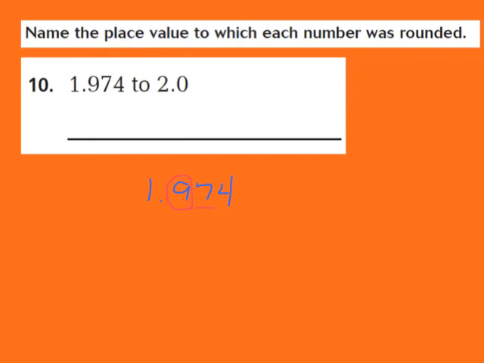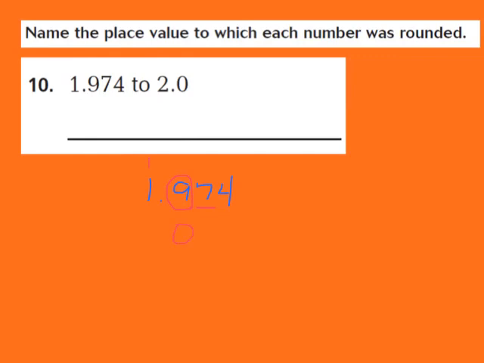What I know is this: 7 is greater than 5, and if 7 is greater than 5, that means I'm going to increase my 9 by 1. When I increase my 9 by 1, 9 plus 1 is going to give me 10. So that 9 is going to turn into a 0, and I'm going to regroup the 1.